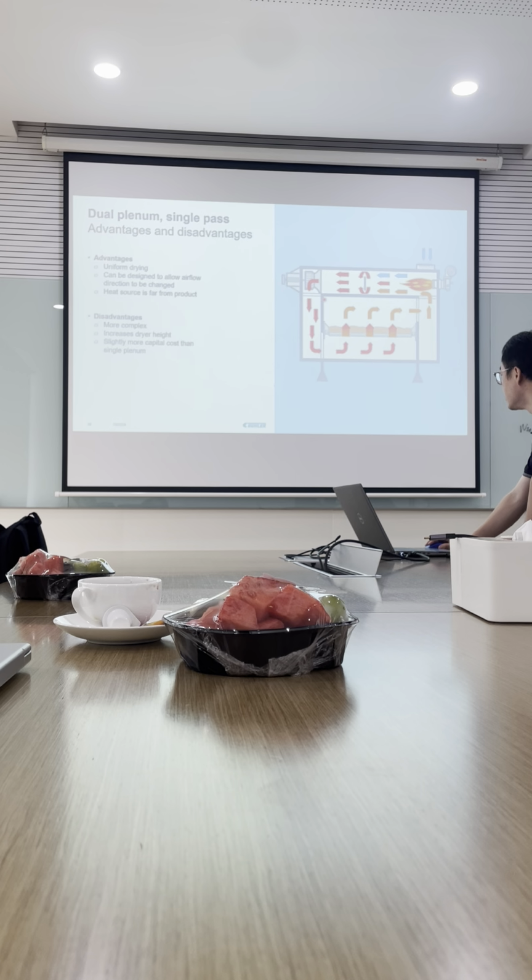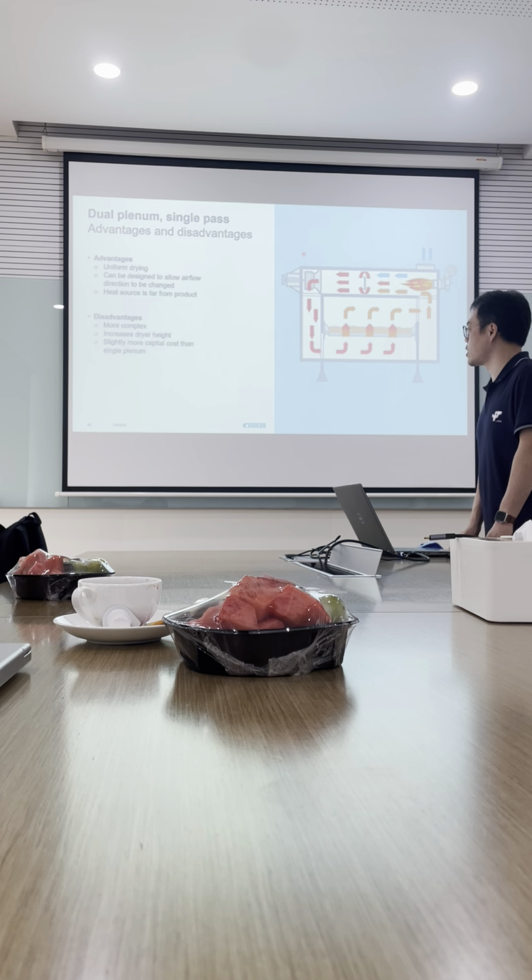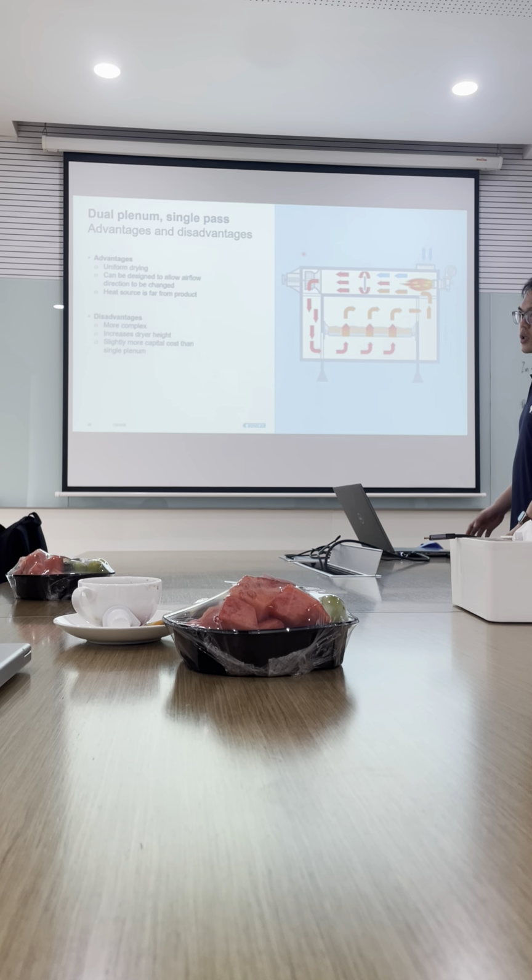If you move this plate from here to here, and this plate from here to here, the airflow goes through like this, and the airflow direction becomes downflow. On the other hand, the dryer has a more complex structure, the height of the dryer needs to be increased, and the cost may be high.